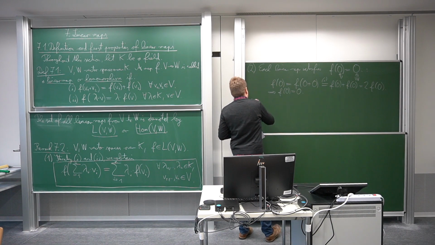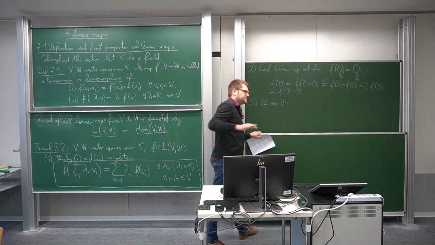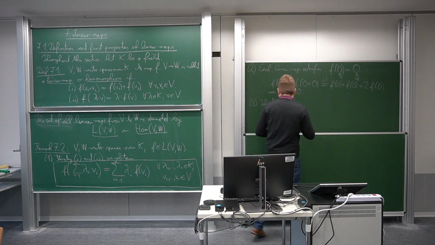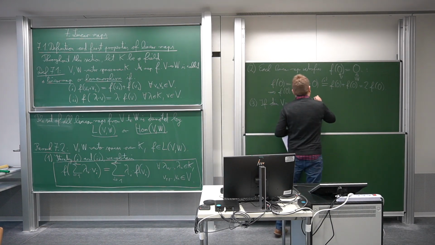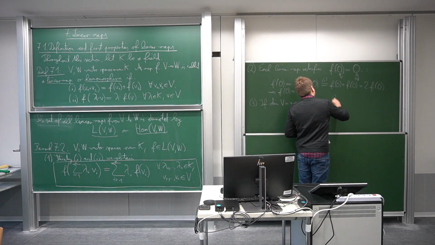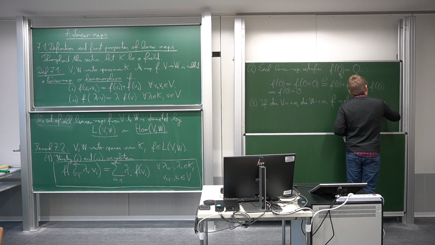Now, third thing, just a definition. If we have infinite dimensional vector spaces, we will talk about linear maps and dimension later on in much greater detail, but if both of them are infinite dimensional, there's another name for this. F is also called an operator.